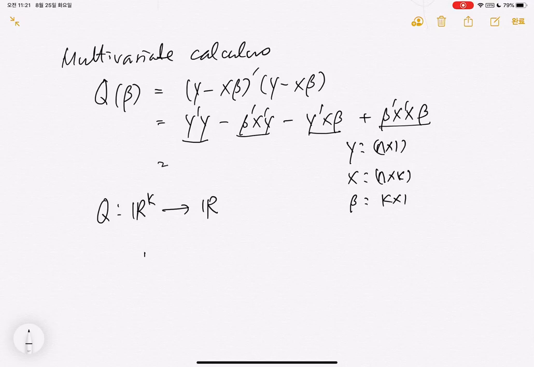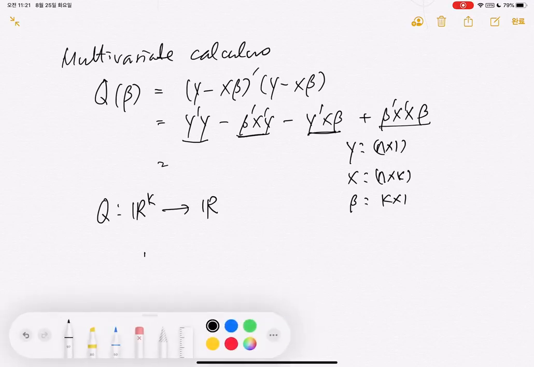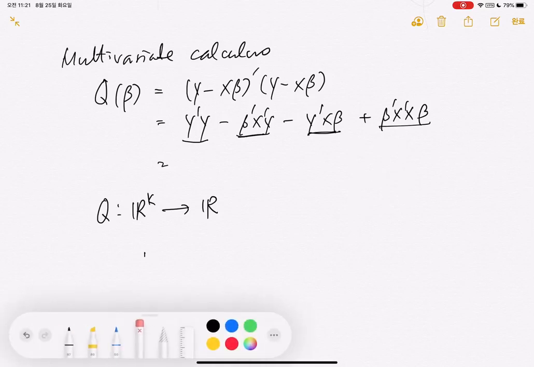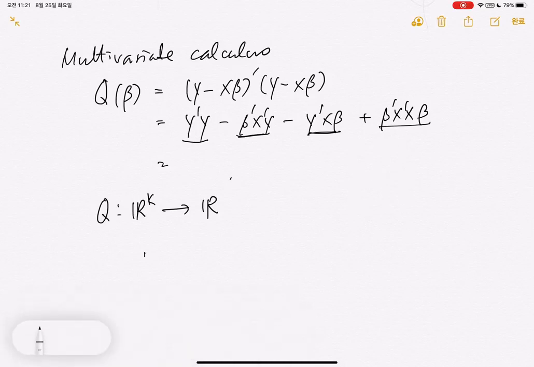And since y prime y does not have any beta, we can rewrite this function as a constant minus 2 beta prime x prime y plus beta prime x prime x beta.